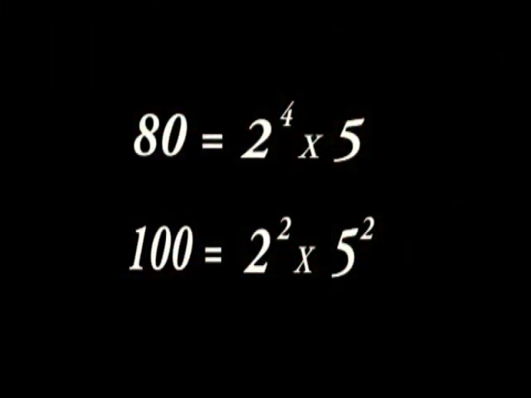The LCM of 80 and 100 can also be worked out using the prime factorization method. As a product of their prime factors, 80 and 100 can be represented as shown below.